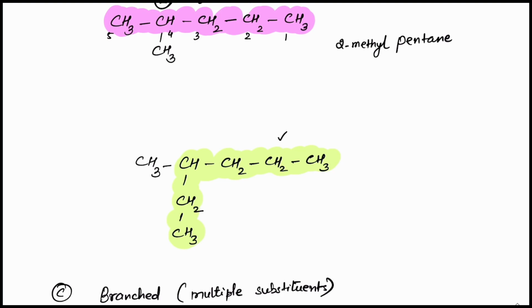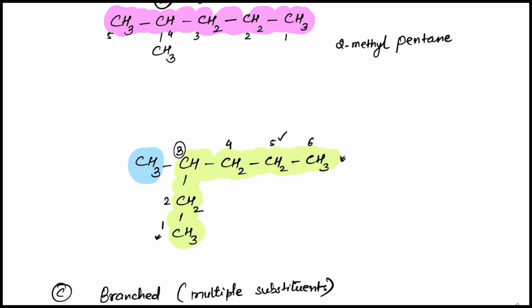So in this example, we can number from this end or from this end. Let's start numbering. So from here it is 1, 2, 3, 4, 5, 6. So the position of the substituent in this case is at position number 3.